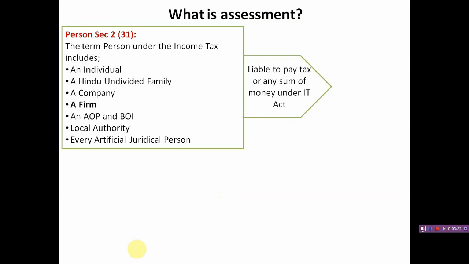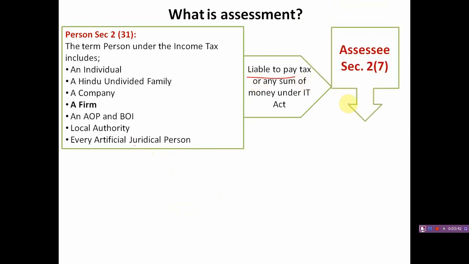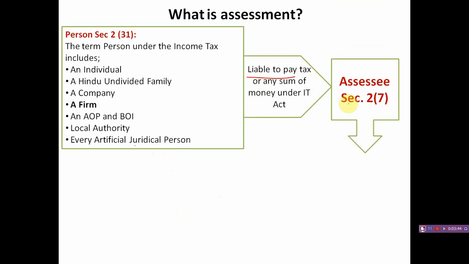If any of these persons is liable to pay tax or any sum of money under this act, is called an assessee. It means if an individual is earning an income exceeding the exemption limit, then he is liable to pay tax under Income Tax Act. Then he is called an assessee.